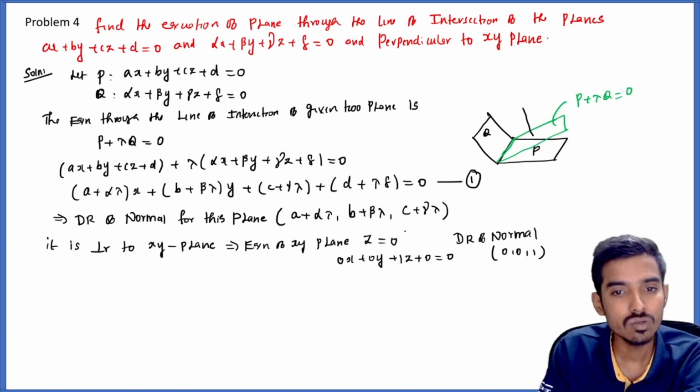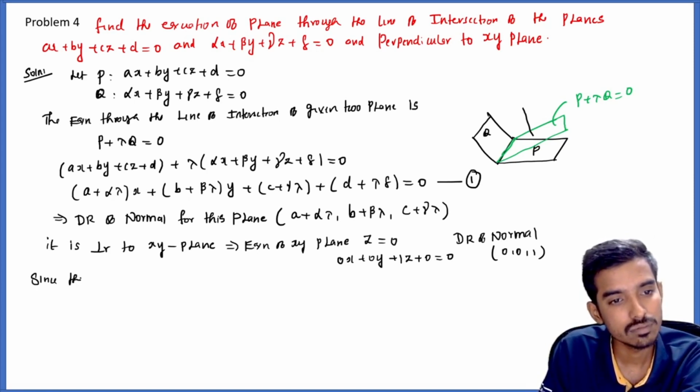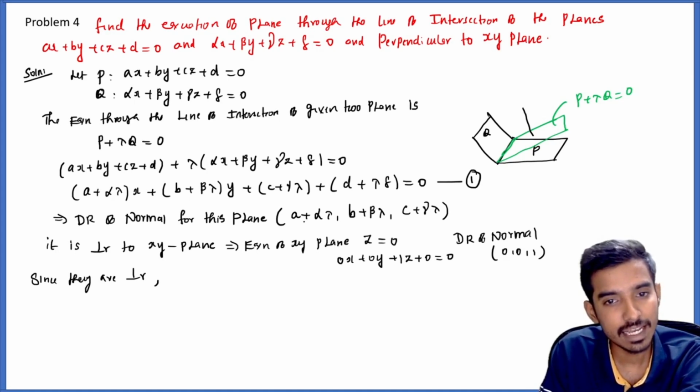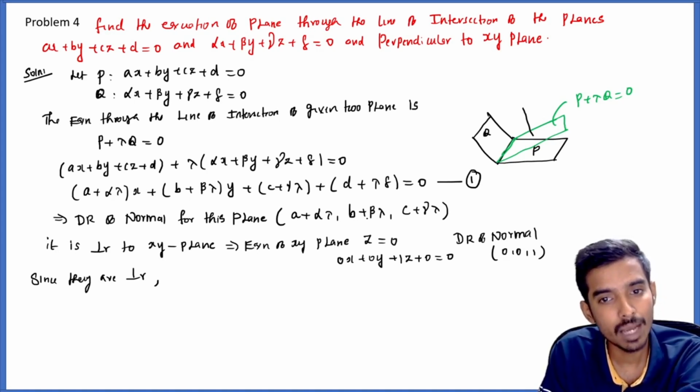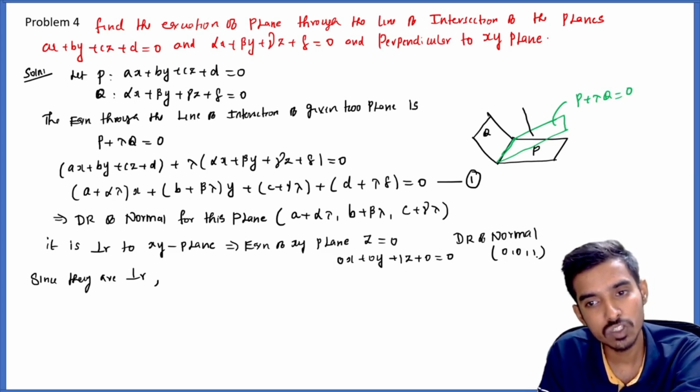Right? Now they are perpendicular. Since they are perpendicular, the corresponding normals are perpendicular. So this plane has direction ratio A plus alpha lambda, B plus beta lambda, C plus gamma lambda. This plane has direction ratio 0, 0, 1.